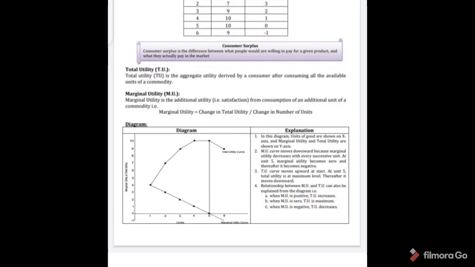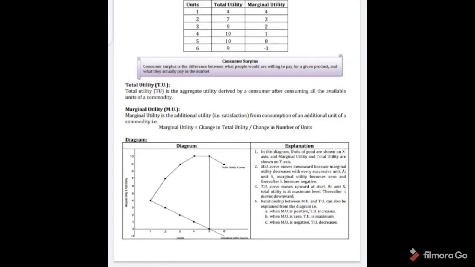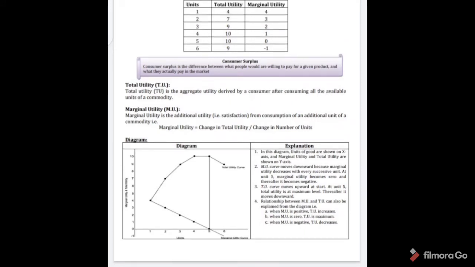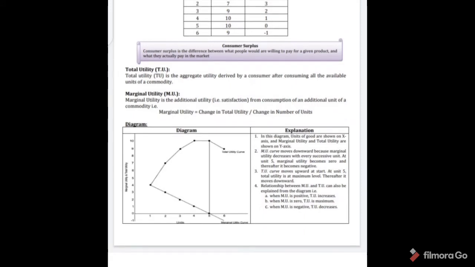That is, when marginal utility is positive, total utility increases. When marginal utility is 0, total utility is maximum. And number C, when marginal utility is negative, total utility decreases. So marginal utility can be negative as well.